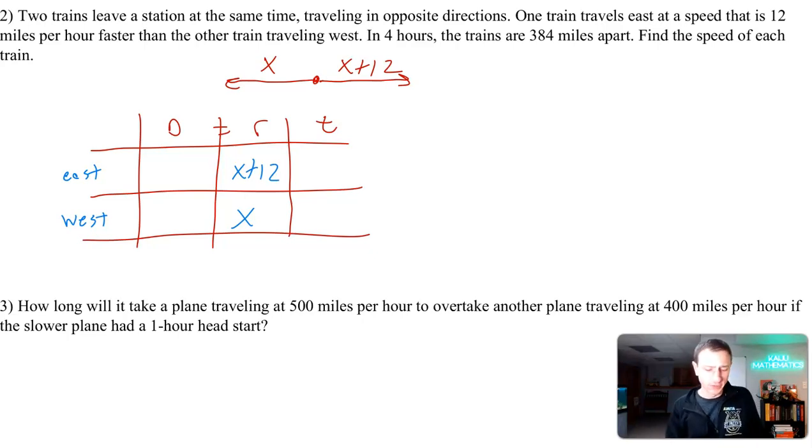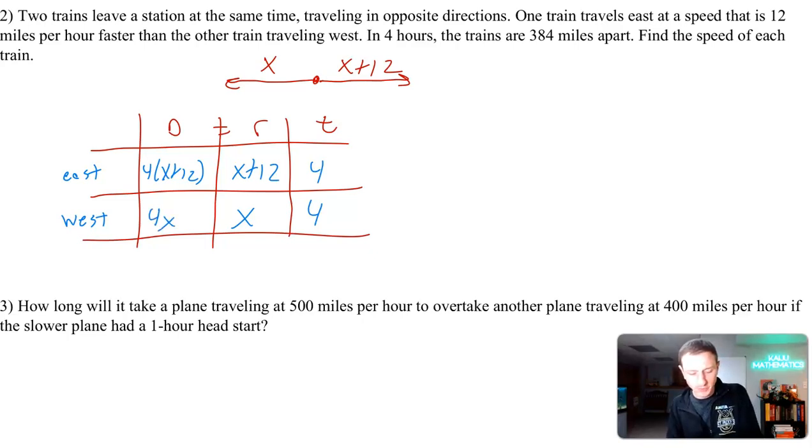In 4 hours, the trains are 384 miles apart. So they leave at the same time, and they both travel for 4 hours. Distance equals rate times time, so I'll say 4 times x plus 12 for the distance of the eastbound train. And the westbound train went for 4 hours at a certain rate.